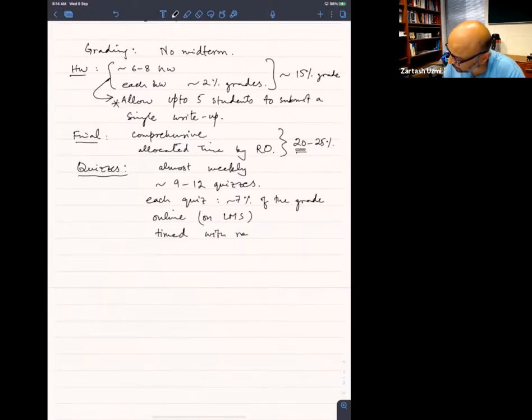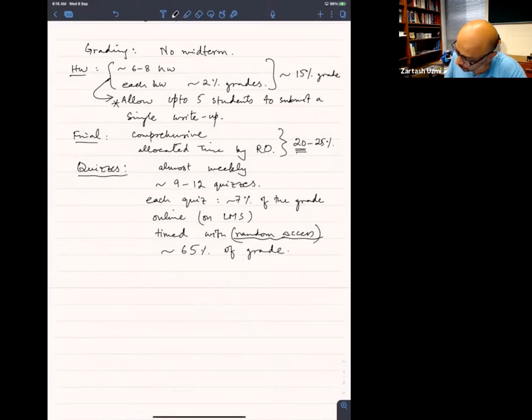Random access means that once you complete a question, you can always go back to that question. I might change this random access to linear access if we feel the need to do so. So this would be approximately 65% of the grade.